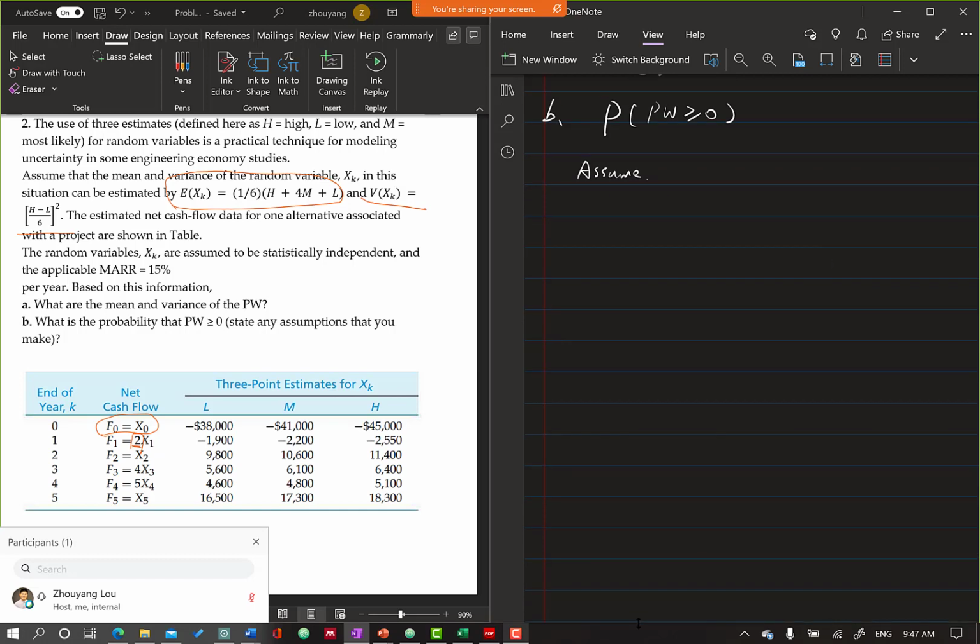So we're gonna assume that the present worth of the net cash flow follows a normal distribution.